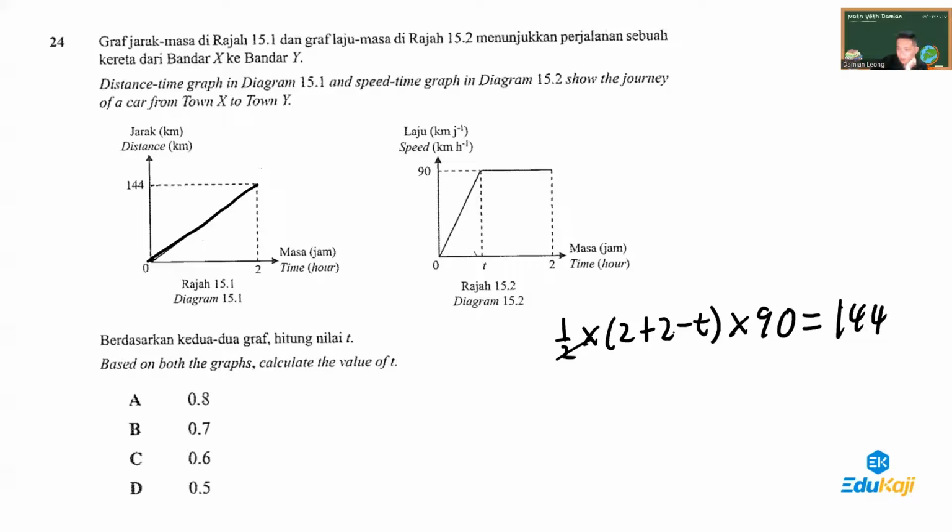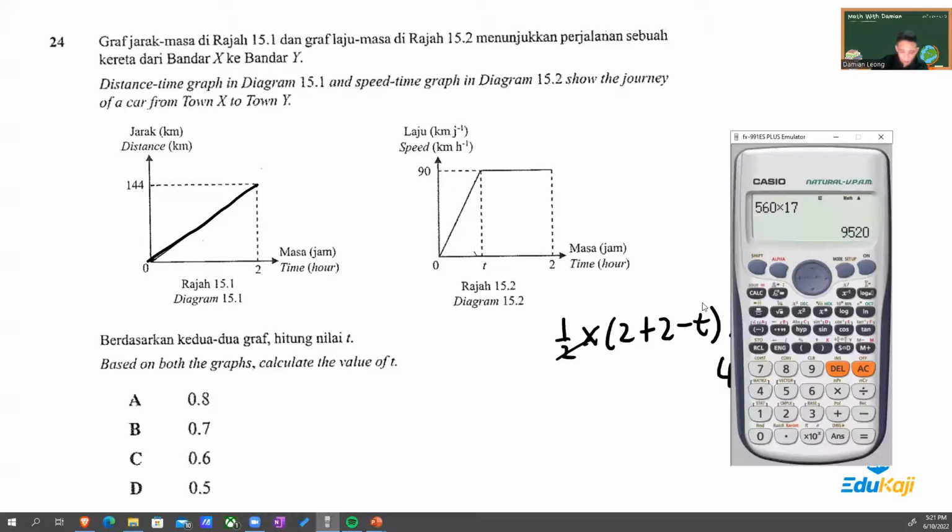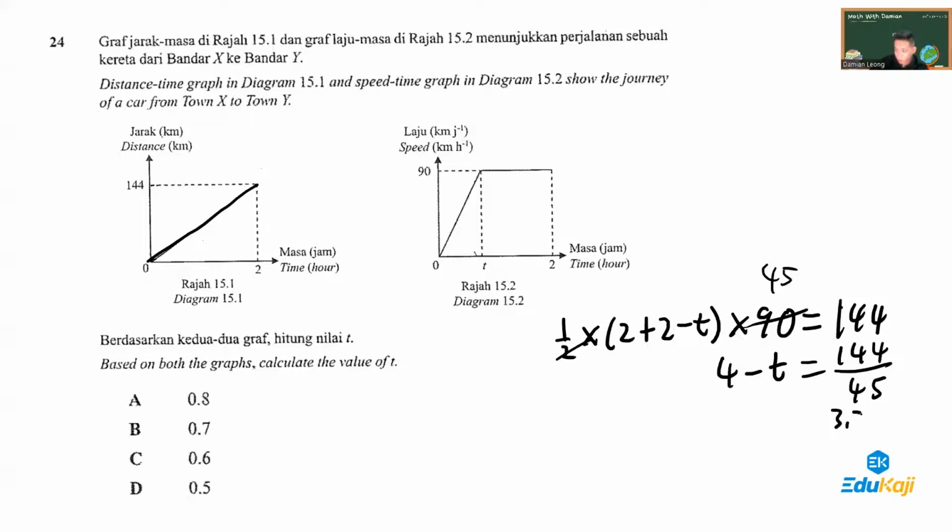Half times 90 is 45. So bring over 45, I divide by 45. This is 4 minus t. 144 divided by 45 is 3.2. Bring over the 4, positive, opposite, minus.